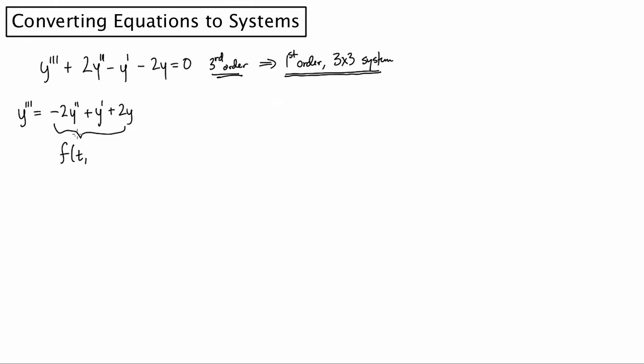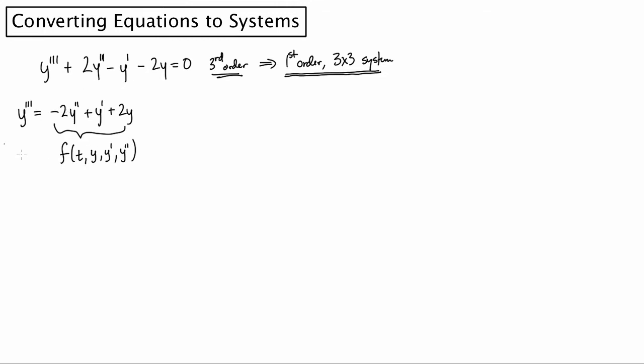And then the right-hand side depends on the variables y, its first derivative, and its second derivative. Because the third derivative depends on those three, if I write those three as their own separate variables, then I can control what's going on in the problem. Those are the variables I want to track independently.